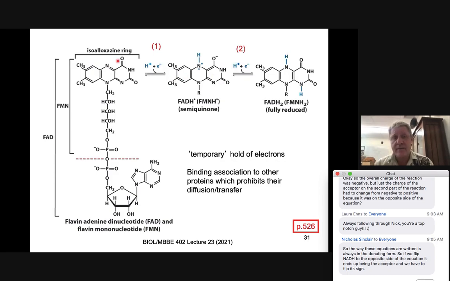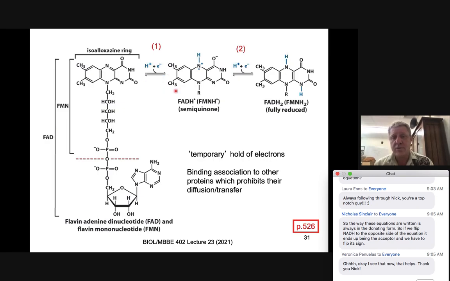So here we have our first one, FAD, coming in with one electron, and then having FAD going on to become FADH, and then an additional electron coming in to produce the FADH2. And these are the ones we're actually going to be more focusing on than the FMNH2.